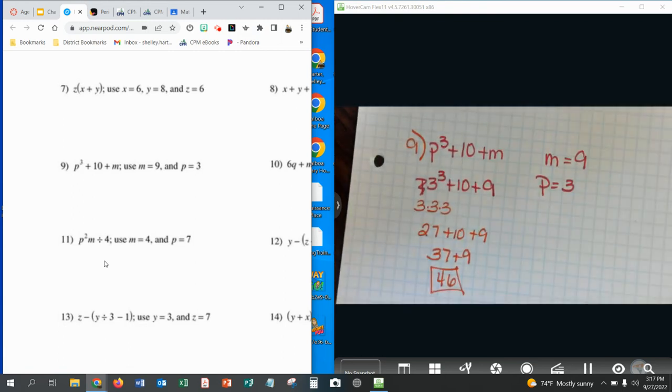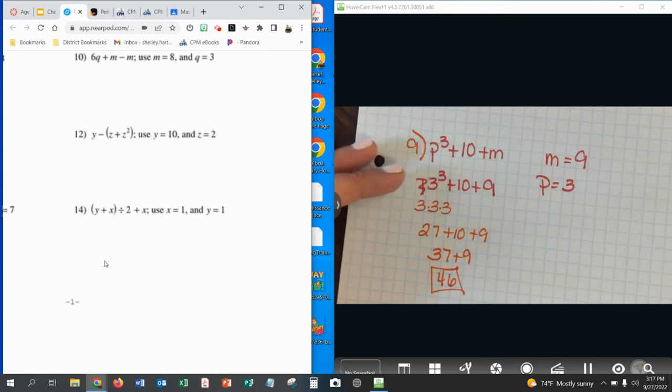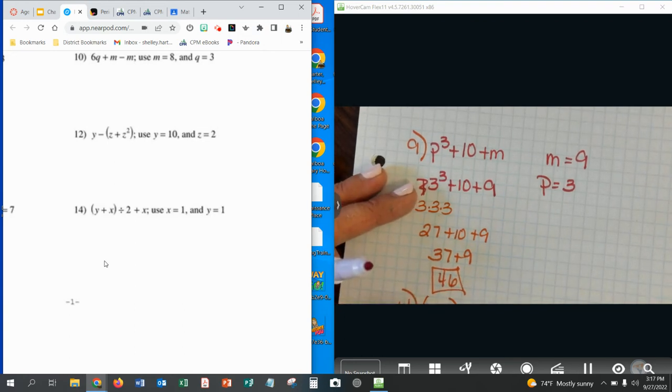So let's do 14. And 14 is y plus x divided by 2 plus x. X equals 1, y equals 1. So for this one, it's going to be 1 plus 1 divided by 2 plus 1.